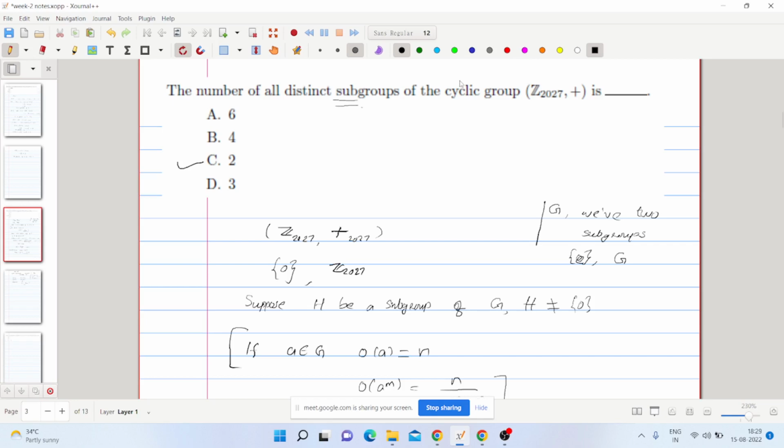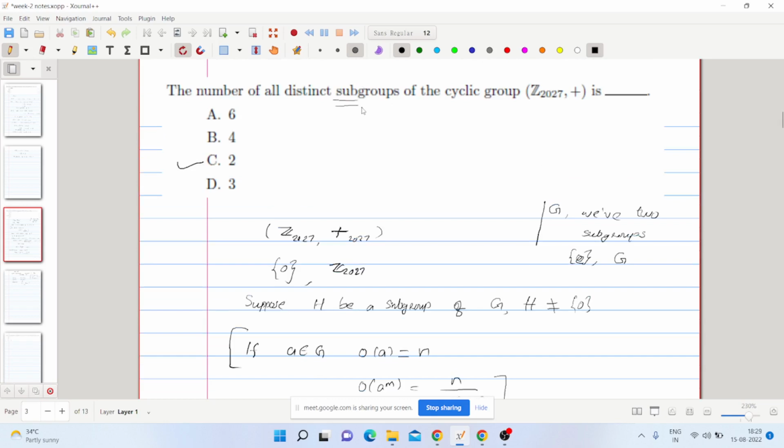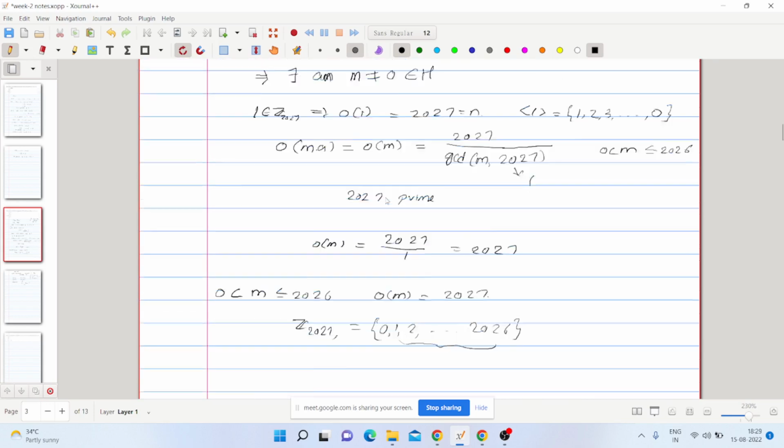But as of now, I think you have not covered Lagrange's theorem, right? Right, ma'am. But compared to that, this is a tedious process, right? Yes, this is the easy concept. Okay, I will tell that also then.